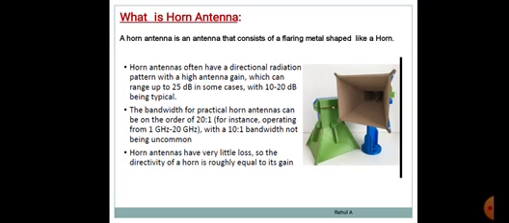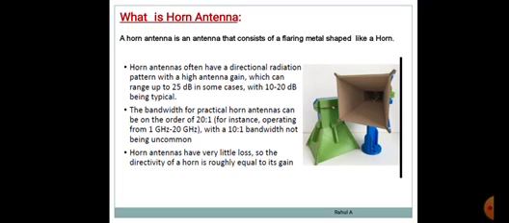There are certain characteristics of this horn antenna. It often has a directional radiation pattern with a high antenna gain, which can range up to 25 dB, and between 10 to 20 dB is typically in use.